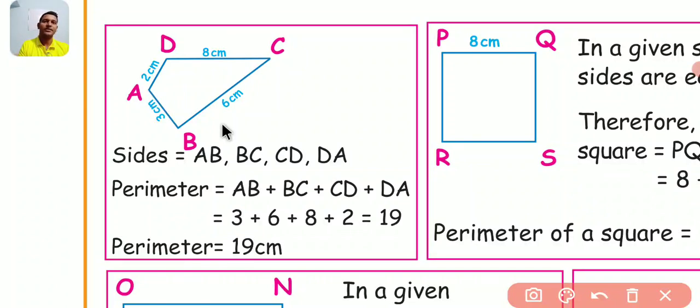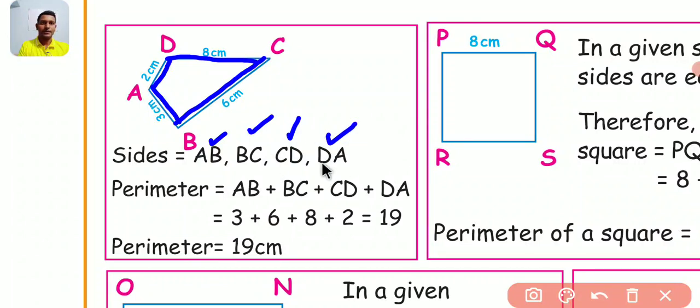First of all they are mentioning the sides: AB, this side; BC, this side; CD, this side; and DA. These are all the sides.